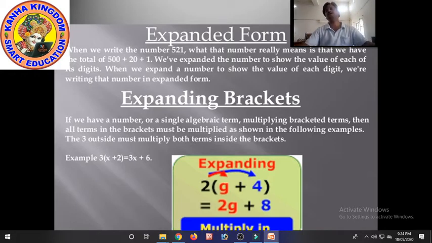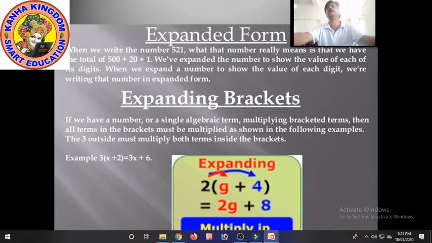Same here. In this form, when we write the number 5 2 1, meaning 521, what that number really means is that we have a total of 500 plus 20 plus 1.